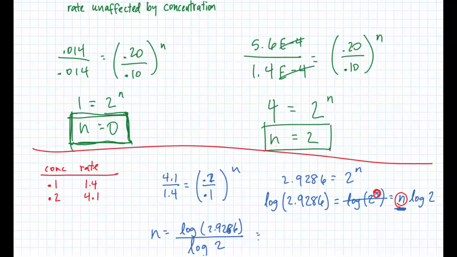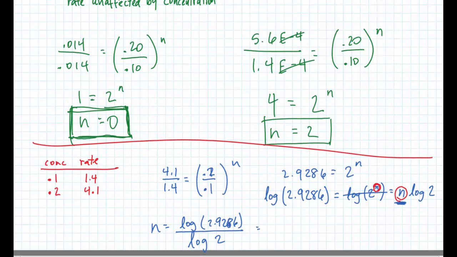Anybody get an answer? Log 2.9286 divided by log 2. And you could have used any logarithm. What did you get? 1.55?